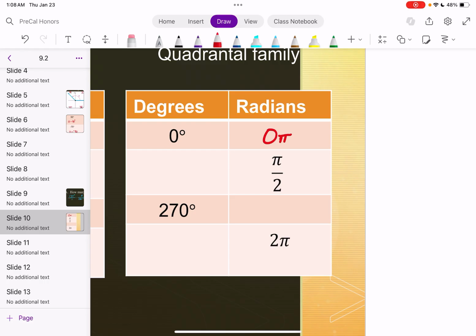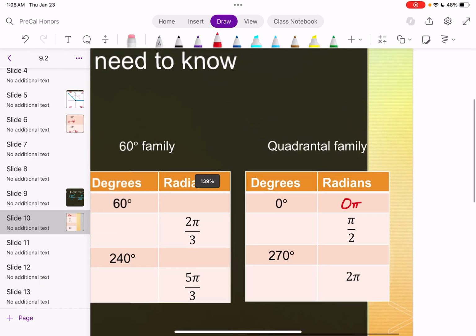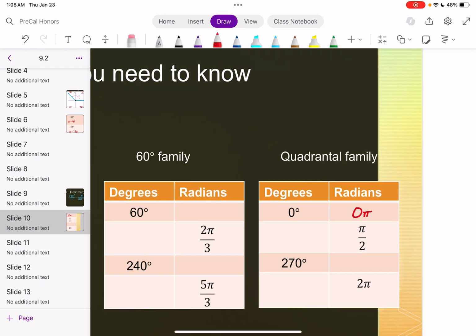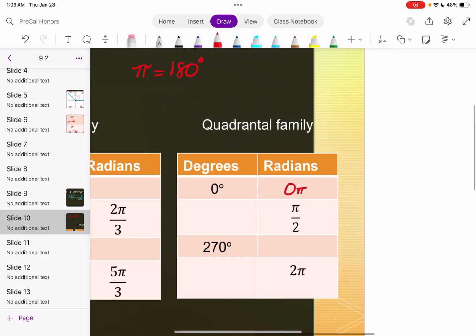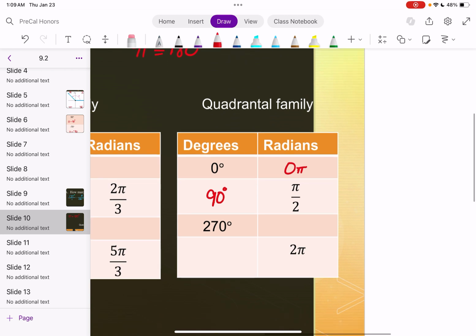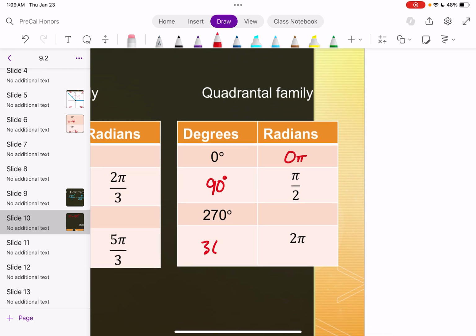Pi over 2. Now keep in mind, in general, the most important thing is understanding that pi is equal to 180 degrees. So when we refer to pi over 2, that is 180 over 2, or 90 degrees. And if we were looking at 2 pi, 2 times 180 would be 360 degrees.